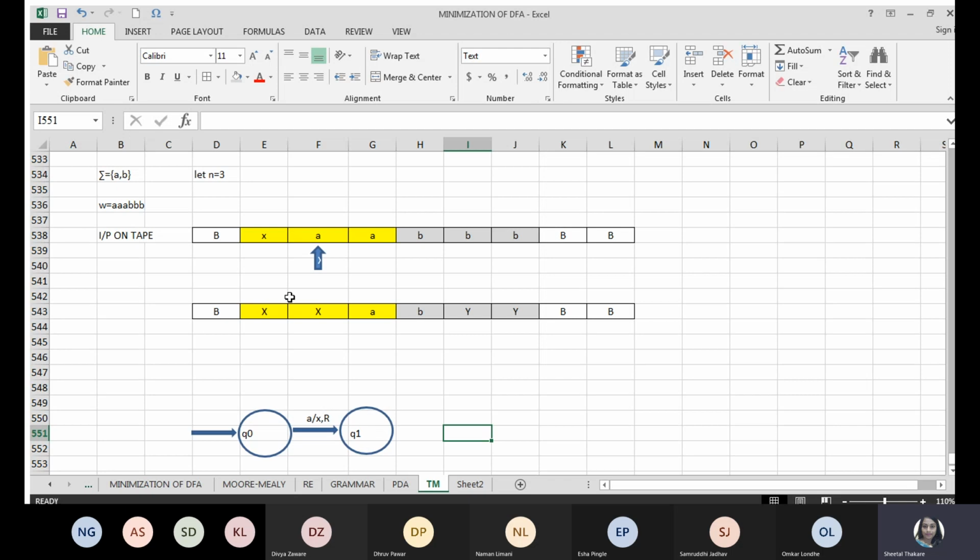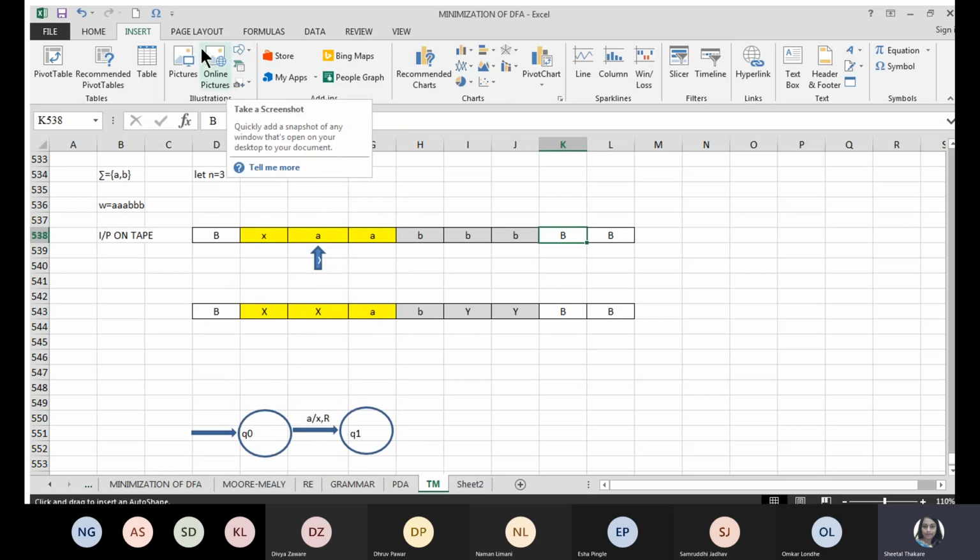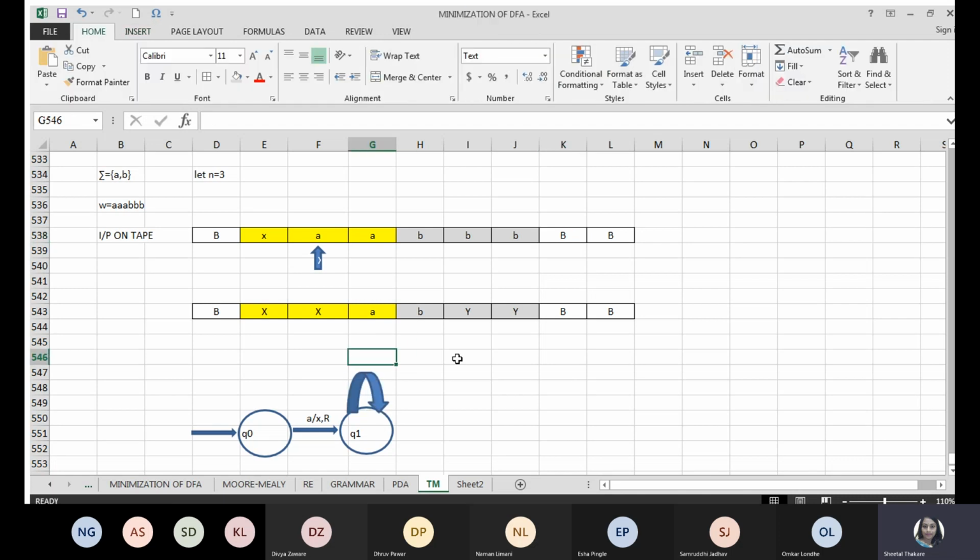You are in Q1. In Q1 you encountered A. What you are supposed to do with this A? Skip it and keep moving to rightmost end till you encounter this B. So same action is performed for A as well as B. So here now you will insert a loop because same set of action you need to perform for multiple A's and B's.